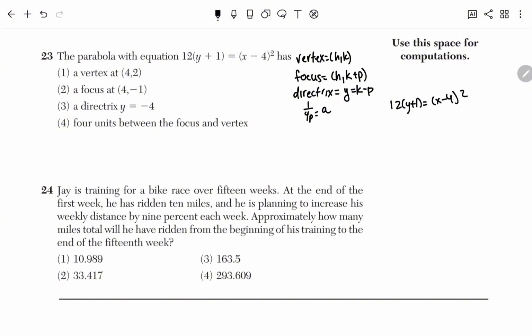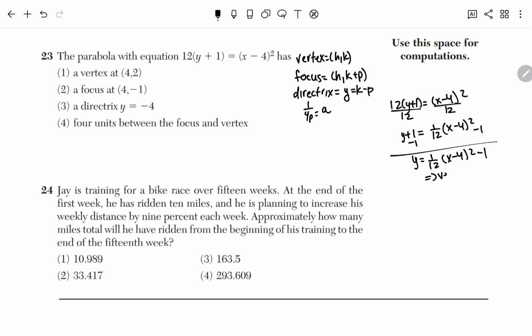Let's make this into vertex form so it's easier to work with. So I'm going to divide by 12 on both sides. So I'm going to get y plus 1 equals 1/12 x minus 4 squared. And then subtract 1 on both sides and get y equals 1/12 x minus 4 squared minus 1.